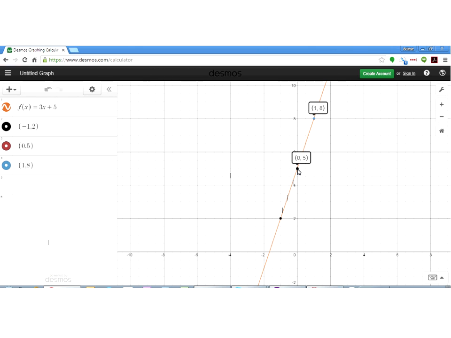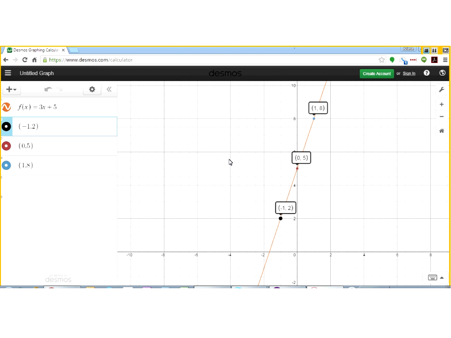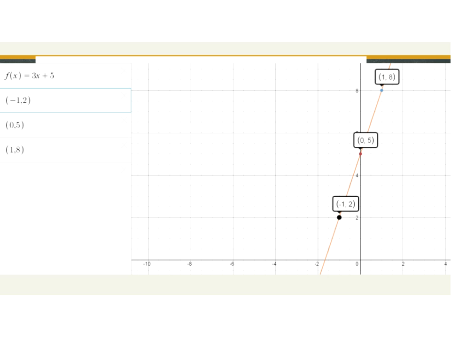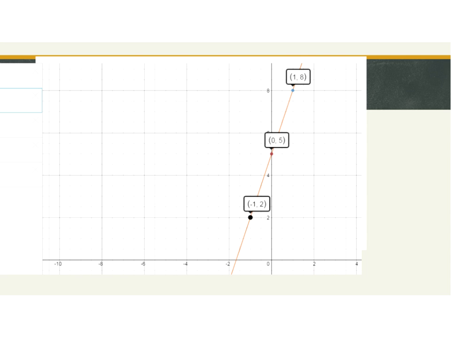Now, who can tell me about these points? What did they notice? Where did all the points show up? Guys, you're killing me. I need some response.